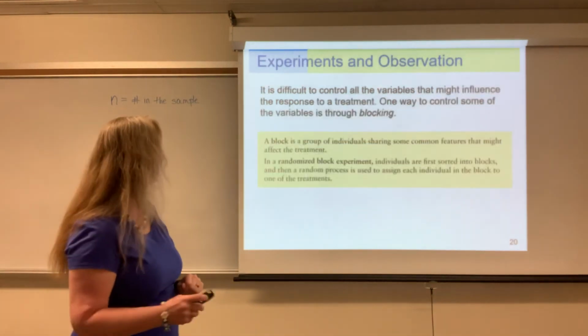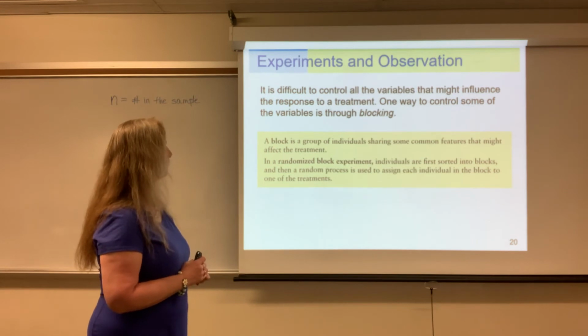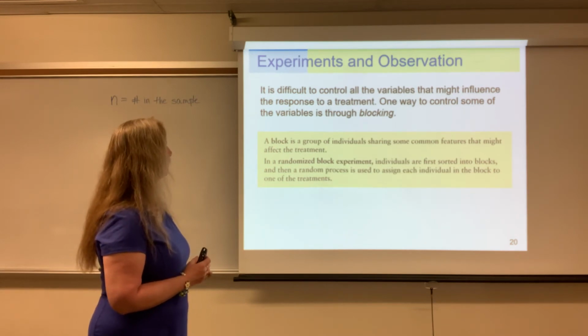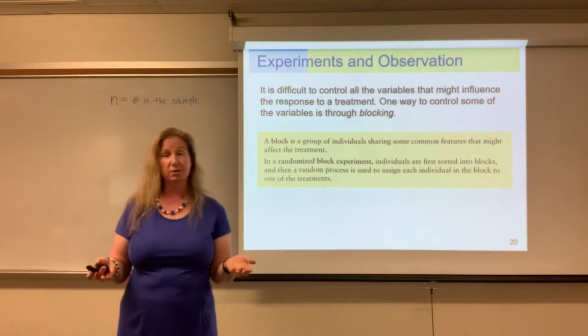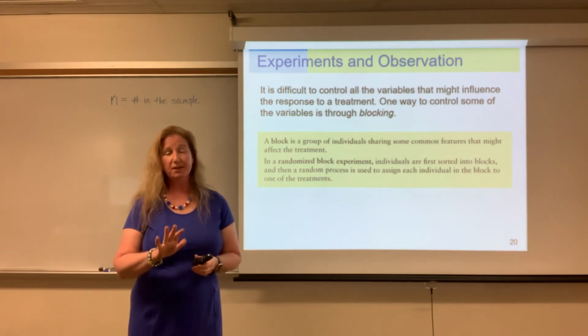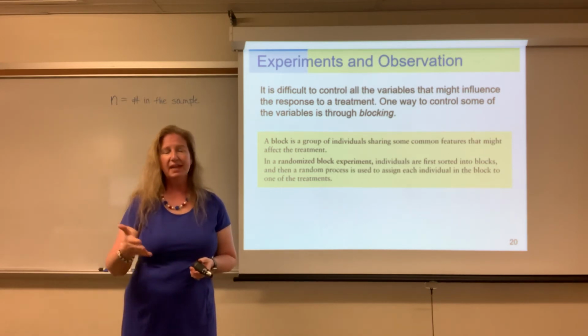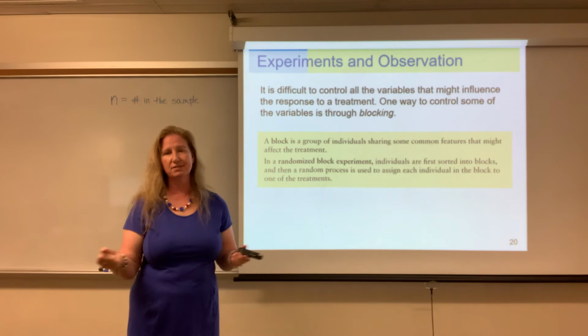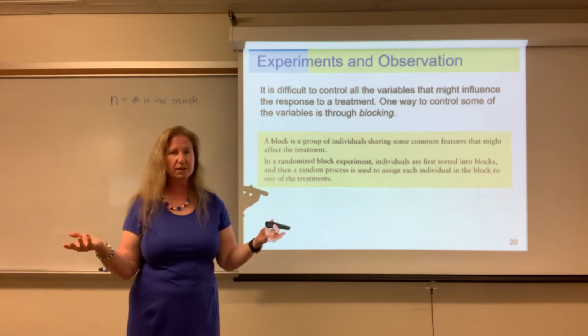Okay, so interesting. It is difficult to control all the variables that might influence the response. One way to control some of these is through blocking. Now, some of you may have been involved in some sort of medical study. If you've ever seen one advertised, we're looking for people, and it's so specific. It sounds like you're cooking the books is kind of what it looks like.